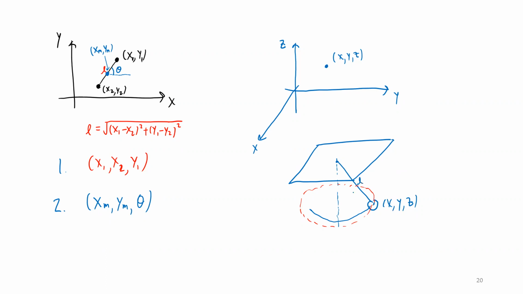This string, this length is L. So after you write down X, Y, Z, you also have to tell me about a constraint like this. I assume that this point is the origin. So this is one set of choices: you can just have X, Y, and Z can be obtained from this equation.